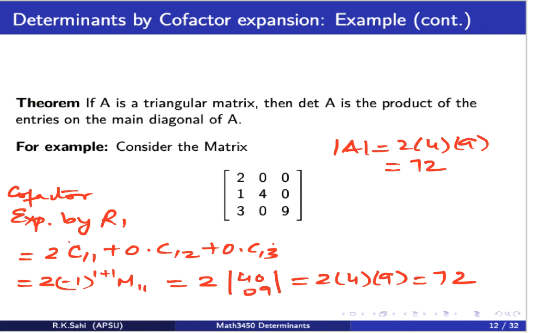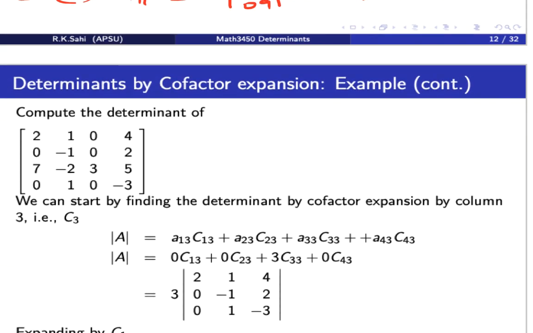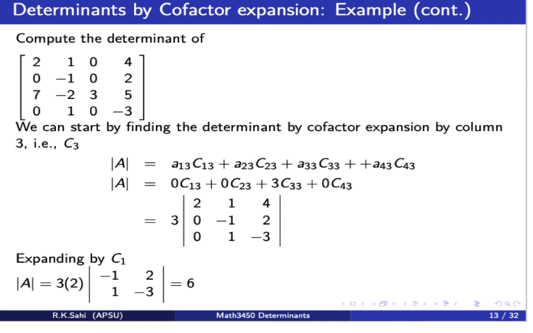Okay, let's do one example where we have a bigger size matrix. We're going to find the determinant of this 4 by 4. One of the key points, guys, is that when you're doing these kinds of determinants, look for the row or the column which has the maximum number of zeros. So if I notice here, this column 3 has the most number of zeros.